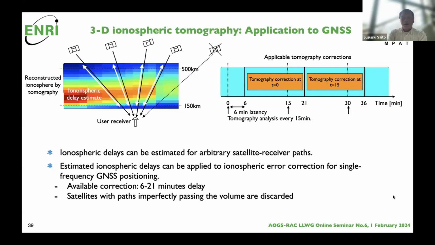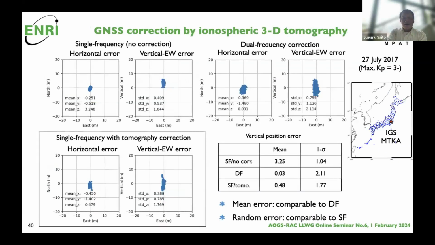For example, by using the three-dimensional ionospheric density profile, we can estimate the ionospheric delay for arbitrary satellite and at the arbitrary location in Japan. And we tried to apply the ionospheric delay correction for single frequency user by using 3D tomography.